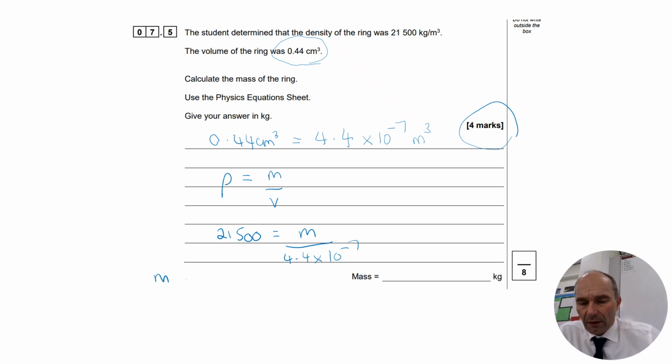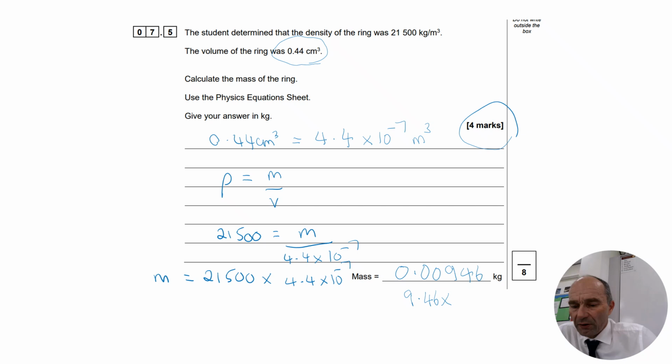So we end up with mass equals 21,500 multiplied by 4.4 times 10 to the minus 7. When you put those numbers into your calculator, you will get 0.00946 of a kilogram, or you might keep it in standard form, 9.46 times 10 to the minus 3 kilograms. Now that density question is out of 8. Well done if you got all 8 marks on that one.